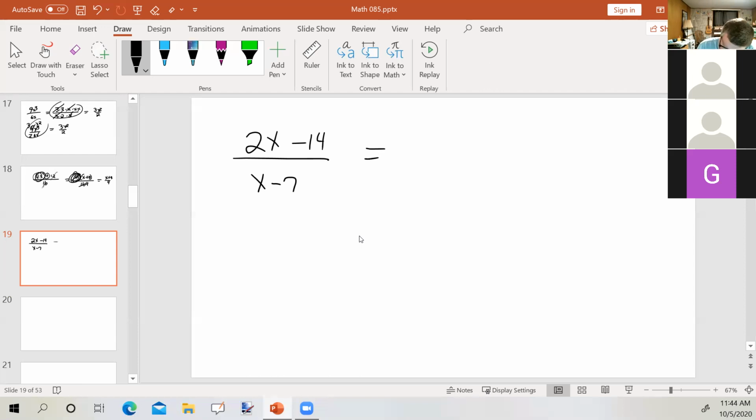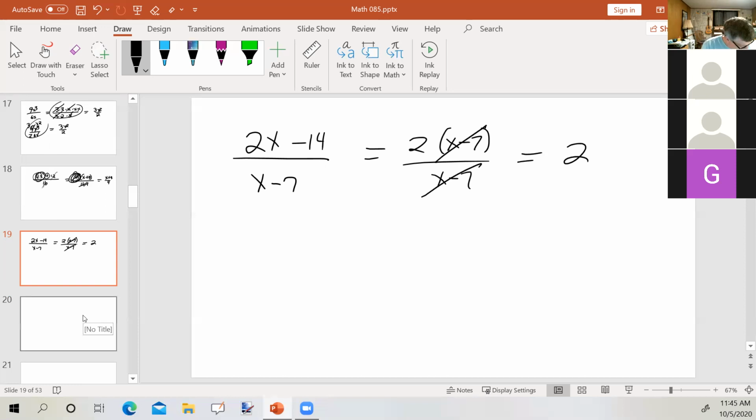But if I take the numerator and factor it like that, now the numerator and the denominator share a common factor, and the final answer is 2. You can't reduce terms, you can reduce factors. So the idea here is factor the entire numerator, factor the entire denominator, reduce out common factors. Are you seeing what's going on there? Yes. Good. Okay.